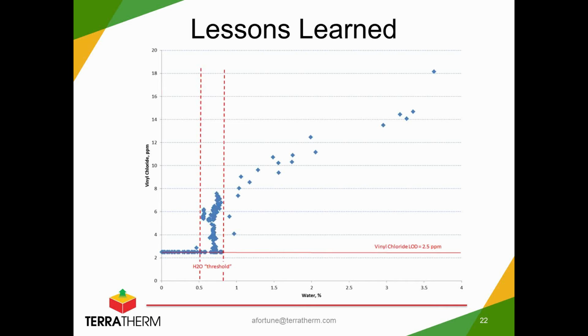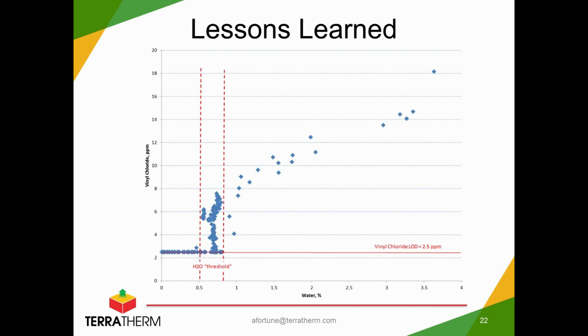And that was a limitation of the software being able to correct for and subtract out that sort of water background that was present. And then once we were over that 1% water vapor, it almost went up in a near linear fashion. So you can see the influence of that water vapor had a linear response in the vinyl chloride.